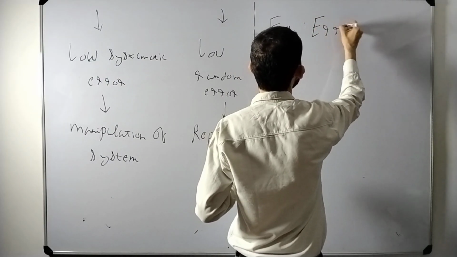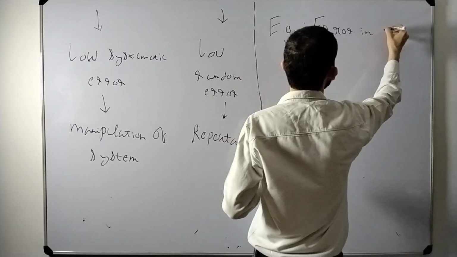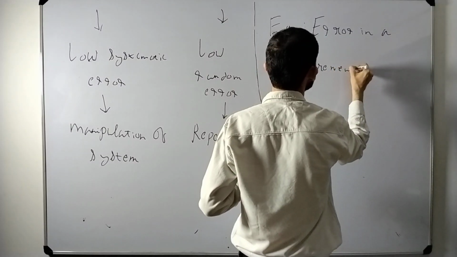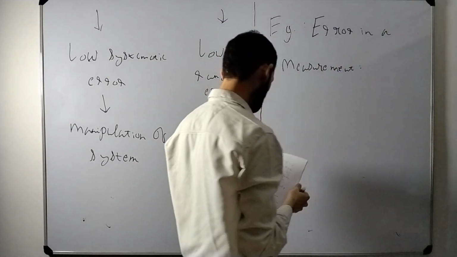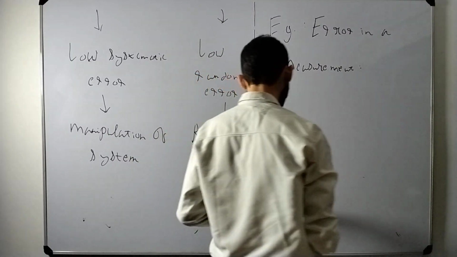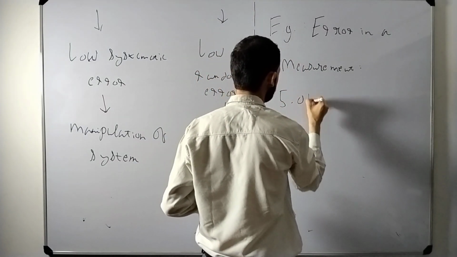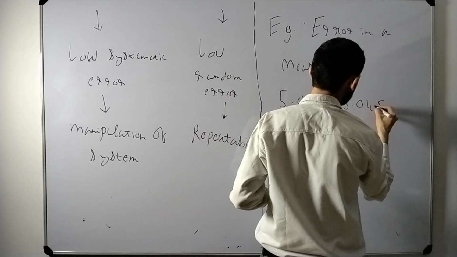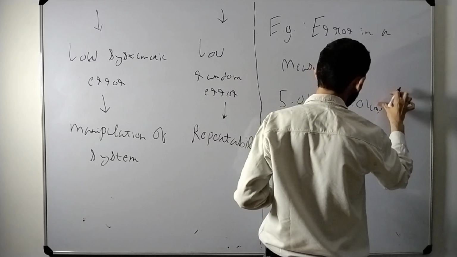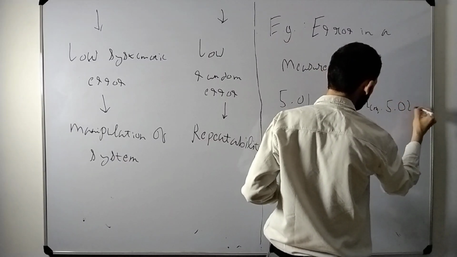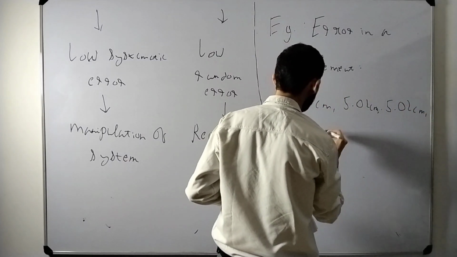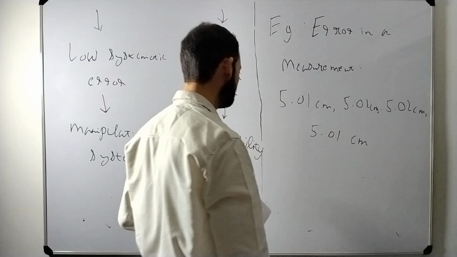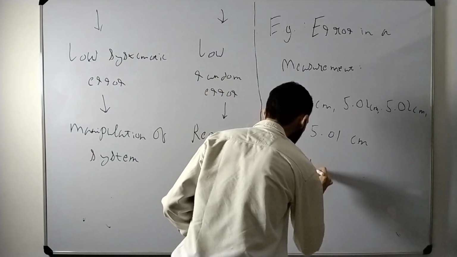You have, suppose, some quantities: 5.01 centimeter, 5.02 centimeter, again 5.02 centimeter, and 5.01, 5.01 centimeter.